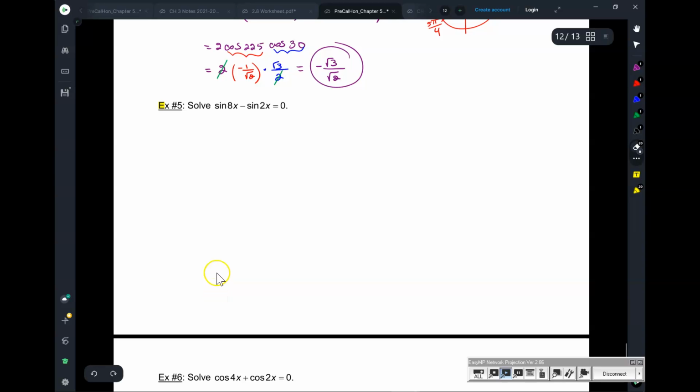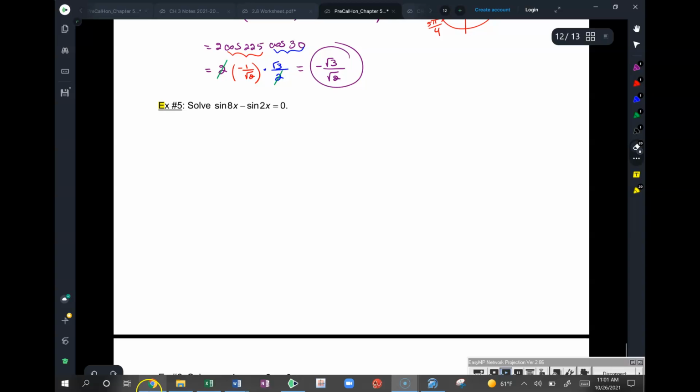So this next one is an equation, but it's got multiple angles, all right? But look at the patterns here. We have sine of an angle minus sine of a different angle equal to 0.